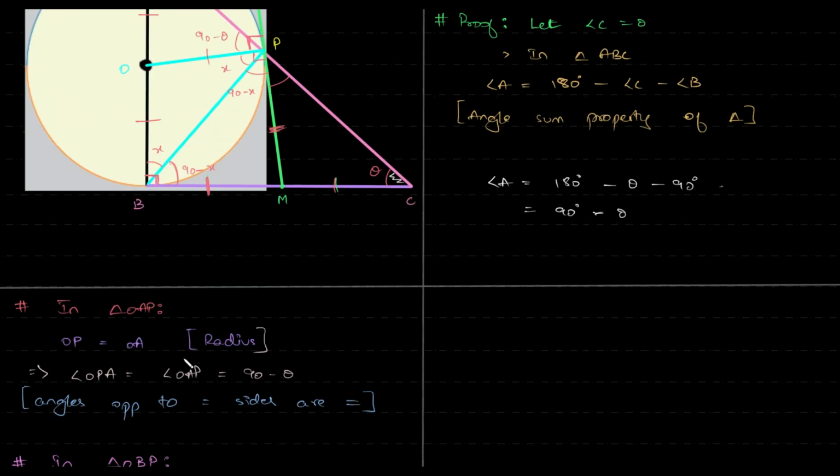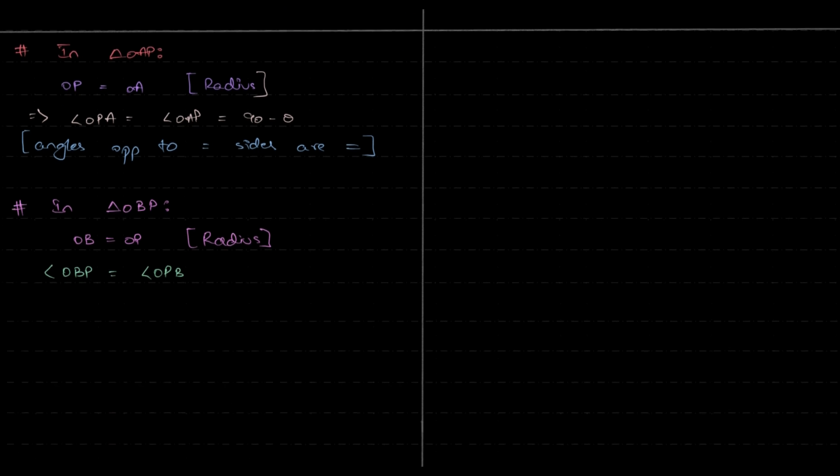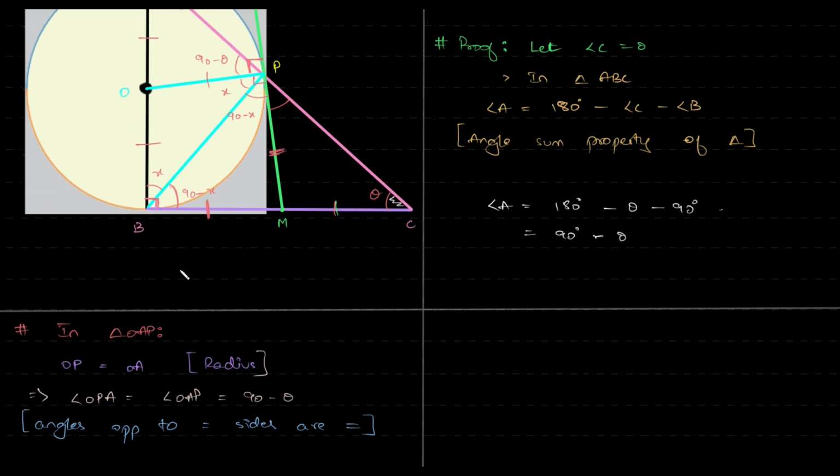Yeah, so both are the same reasoning. Okay, so we'll call this as X. Let angle OBP is equal to x. This implies angle OPB is also equal to x. Right, guys?